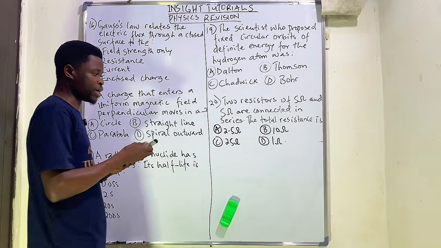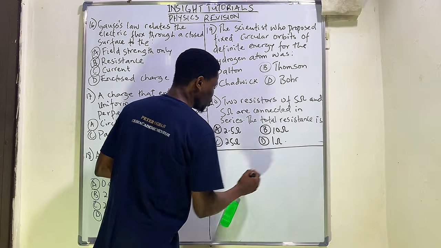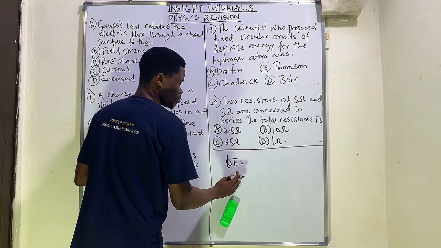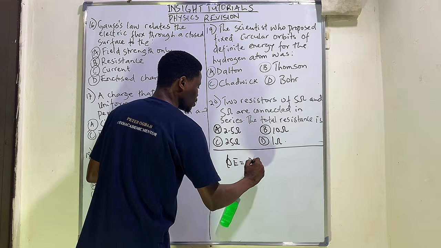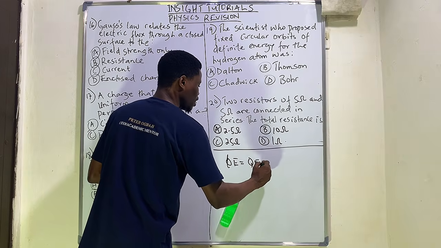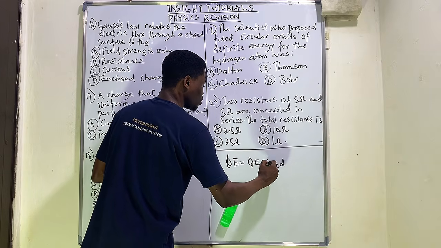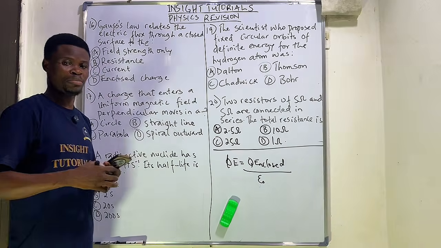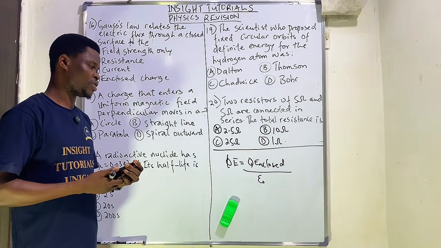In terms of formula, Gauss law is given as the charge enclosed all over the permittivity of free space.